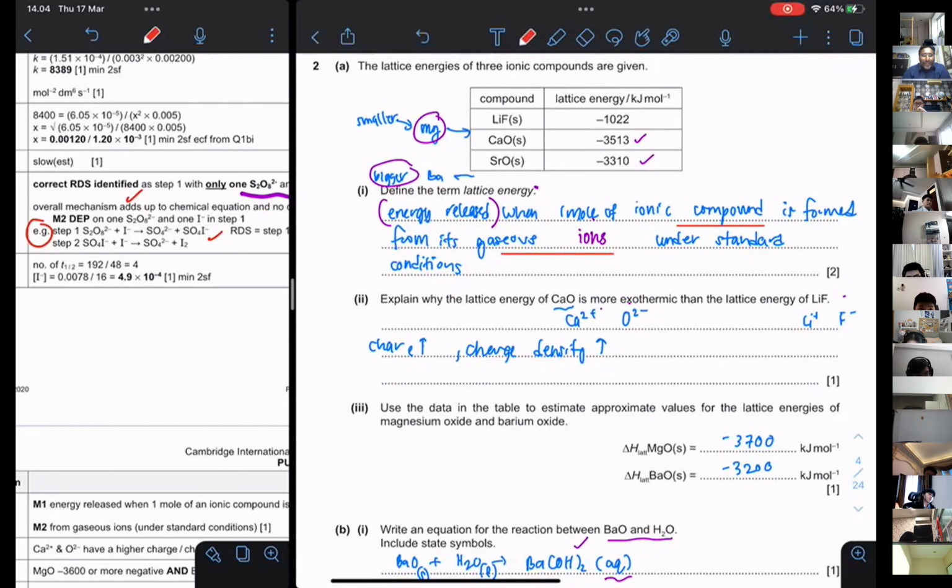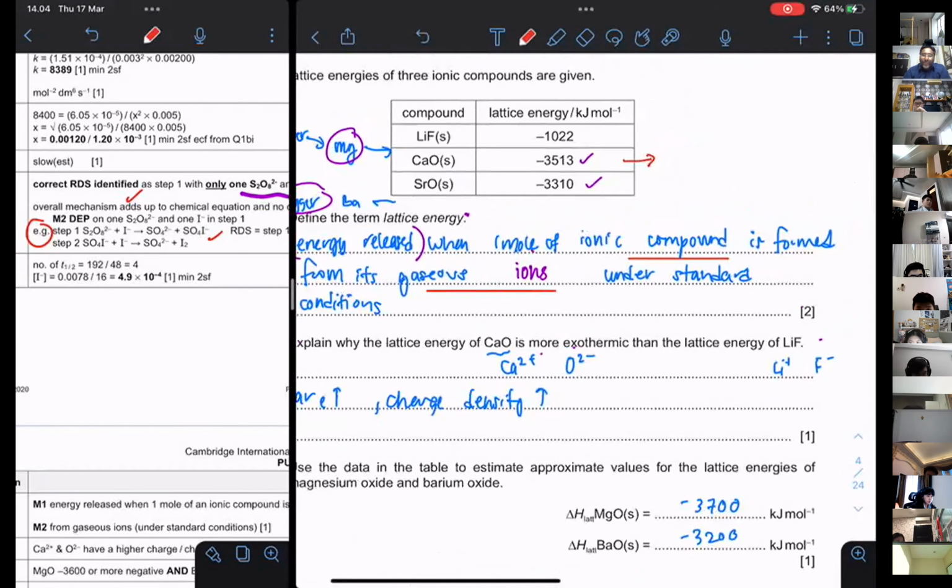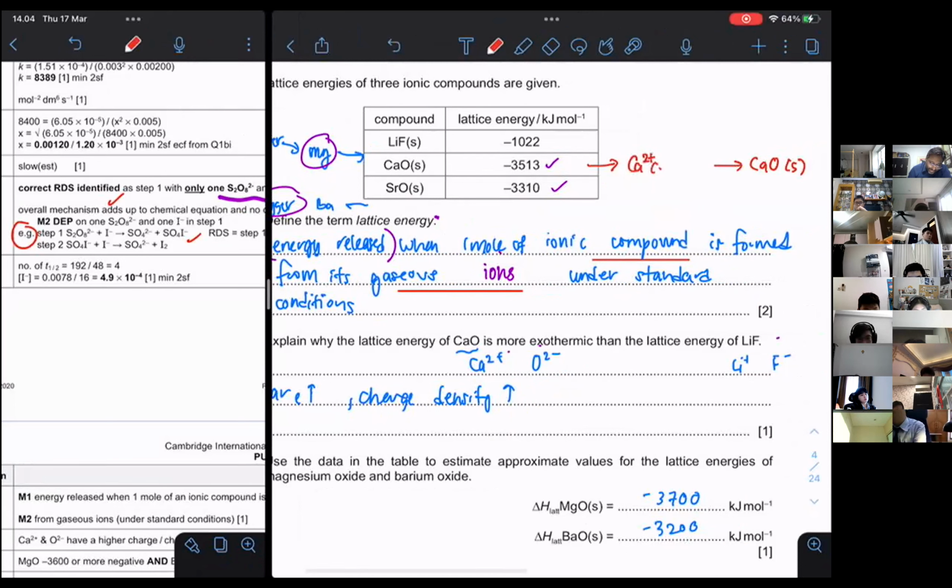So let's say, for example, if I have CaO, how do I write the lattice energy equation for CaO? To form 1 mole of CaO, I need to react Ca2+ in gas and O2- in gas. This is the equation for lattice energy.